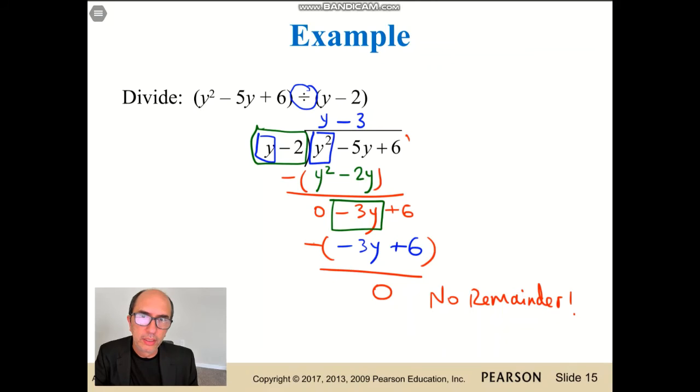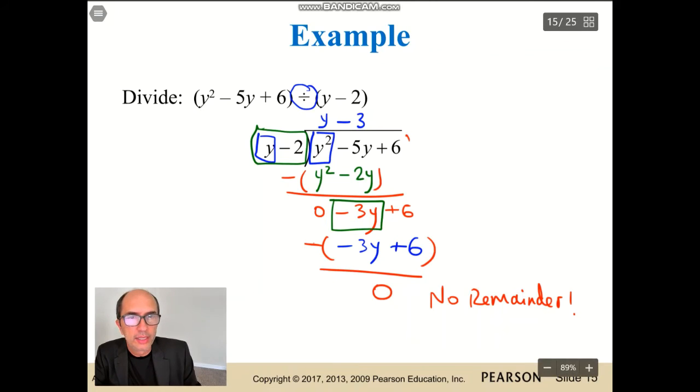It's always good to check your solution at the end. It's interesting to multiply.